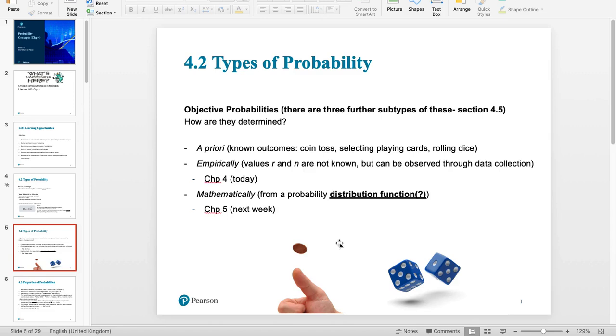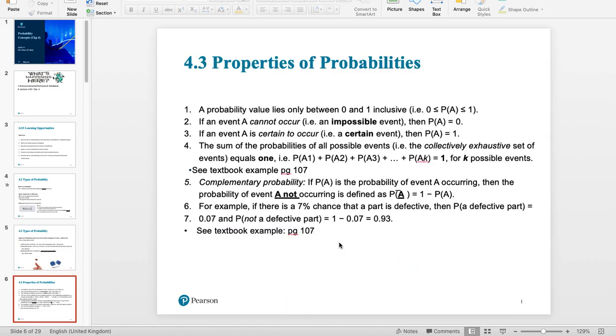And you have empirical probability, where the values R and N are not known, but we can observe them when we collect our data. This is what we're going to see today. And there's also the mathematical one, with distribution functions, that we're going to see in chapter 5.